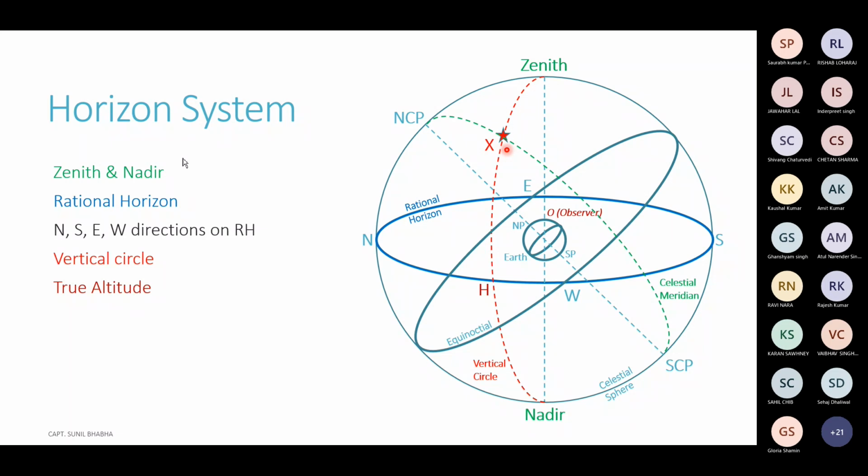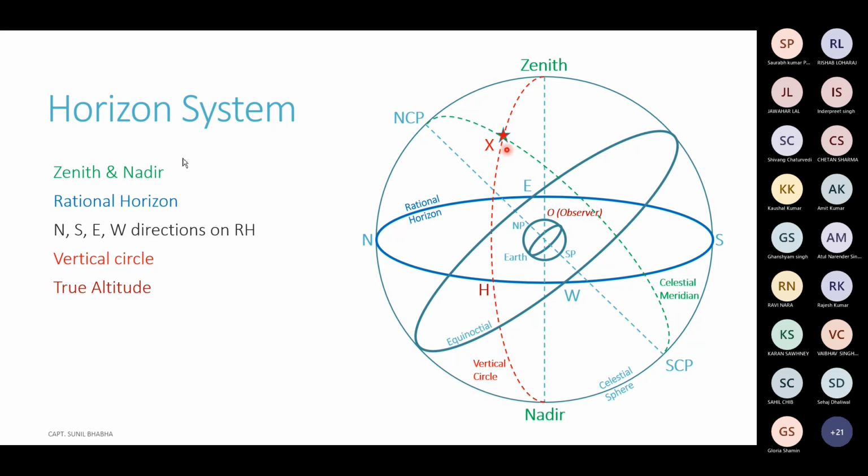Now, once we have understood the concept of a vertical circle, we can move on to a very important concept, the true altitude of a celestial body. I told you before we started off on this horizon system that this is a reference system used to specify the position of the celestial body.